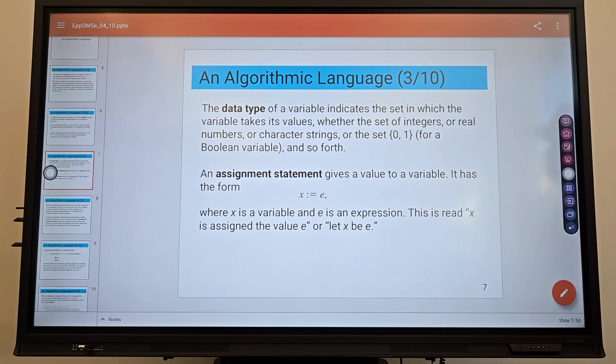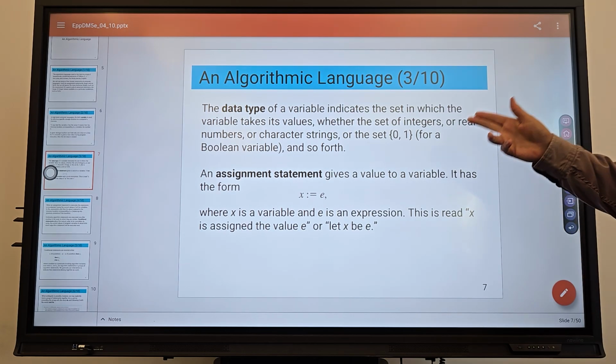An assignment statement gives a value to a variable. It has the form x := e. That particular syntax is, I want to say Fortran or Pascal, not one of the languages that they listed at the beginning.